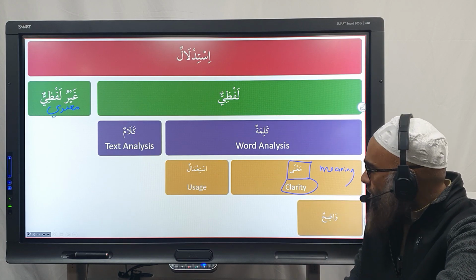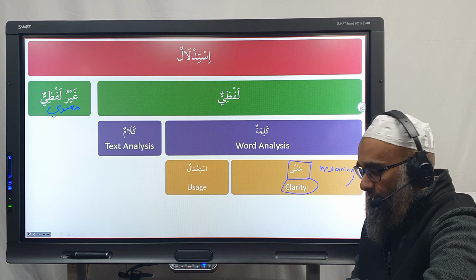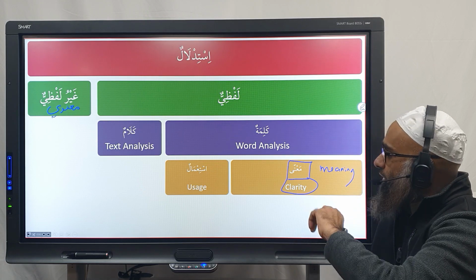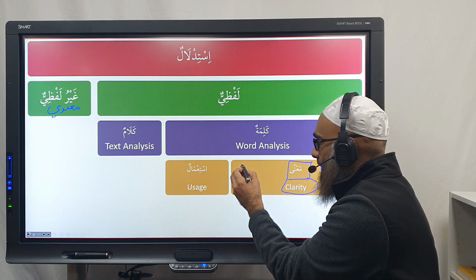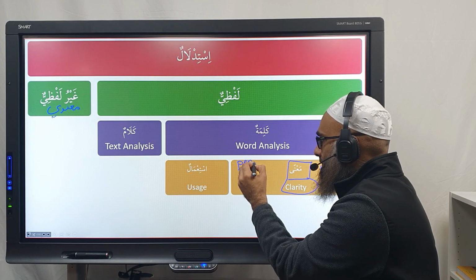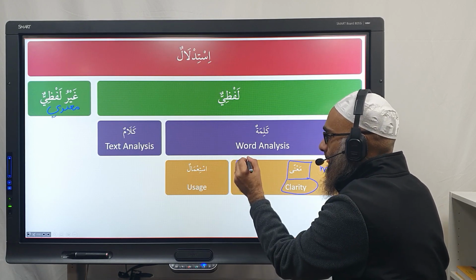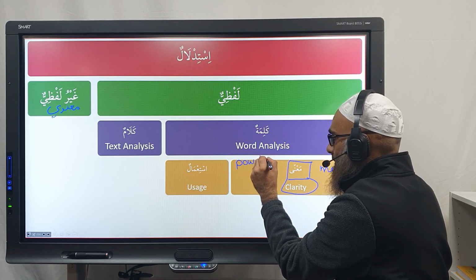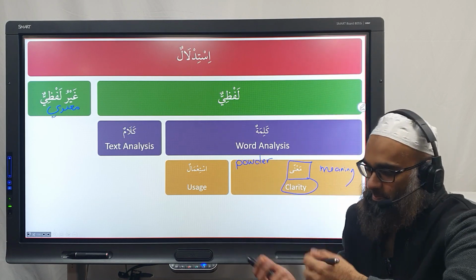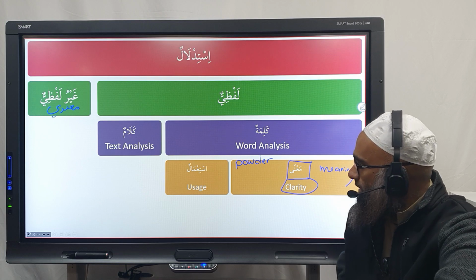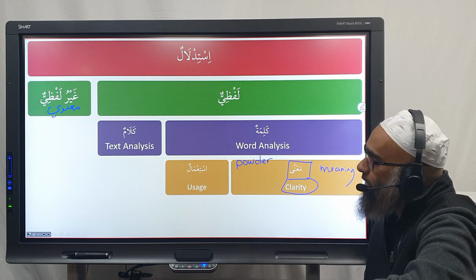So for example, let me give an example. Let's say I have the word powder. Now, do we know what the word powder means? We know what it means, so it's a clear word.